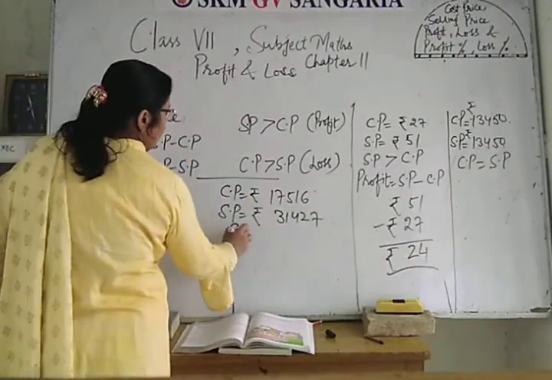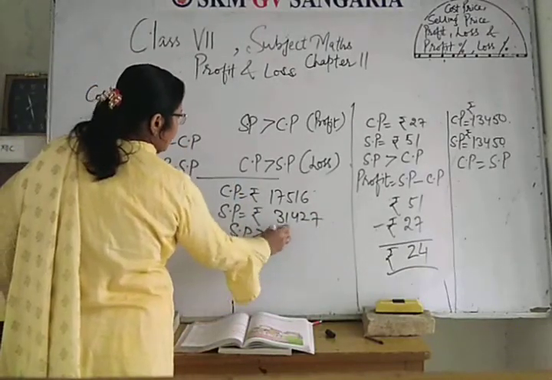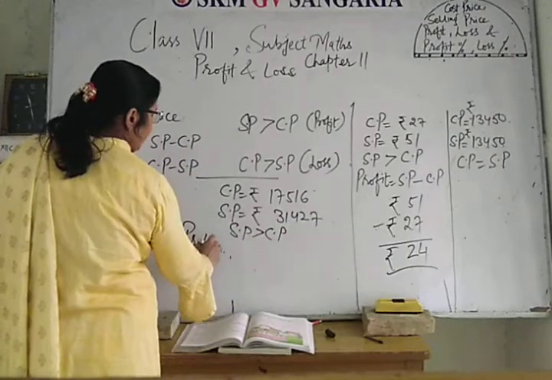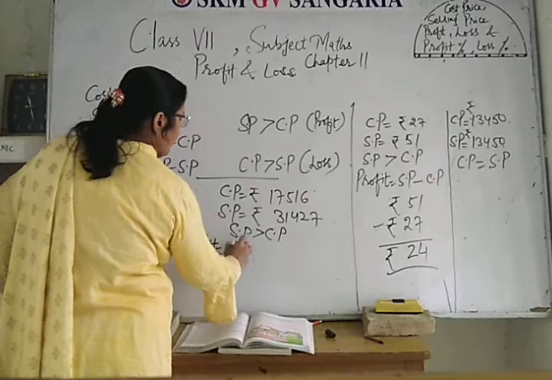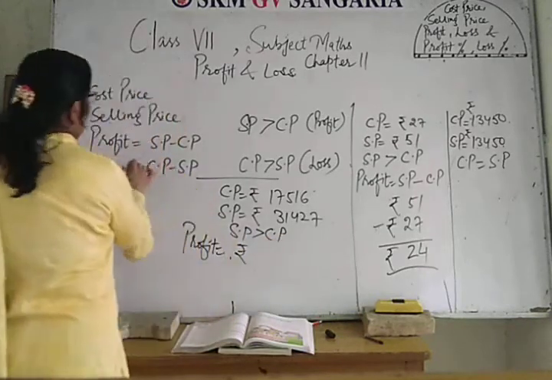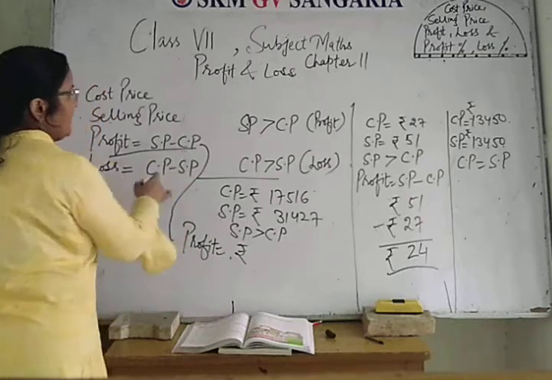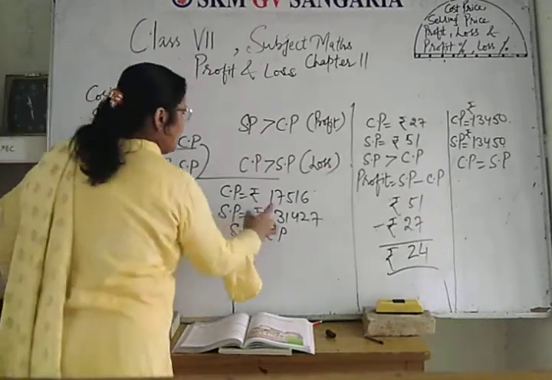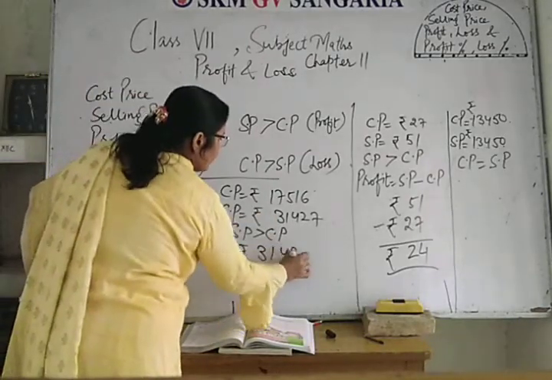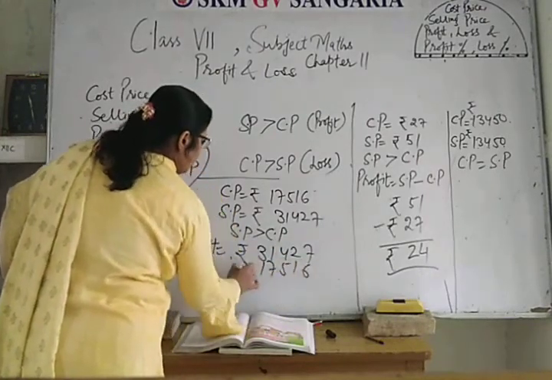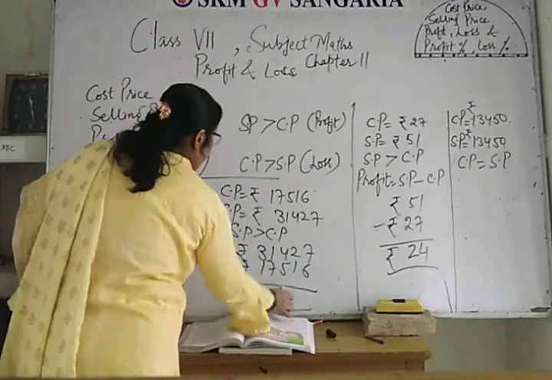So here selling price is greater than cost price, so there will be profit. Profit will be selling price minus cost price. Subtract and get how much profit is there.